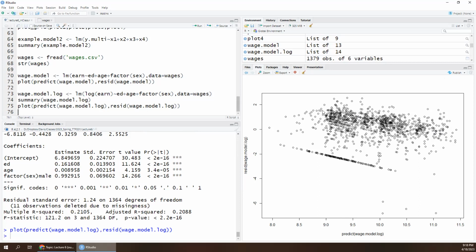Generally, this spread of points looks pretty decent, but you still do have a whole bunch of errors that look like they're in this cutoff line.